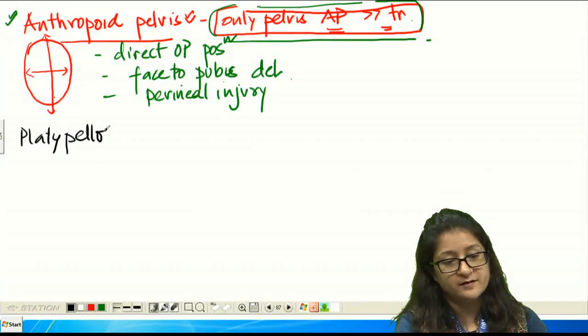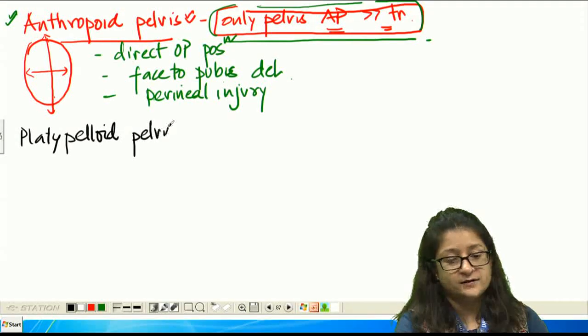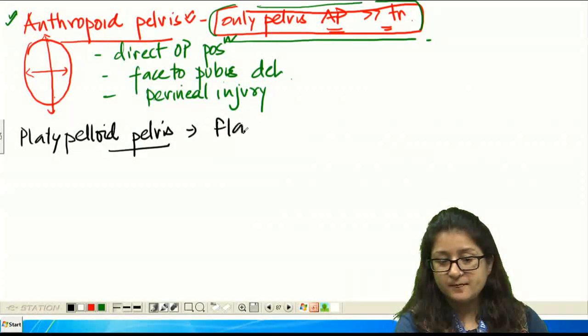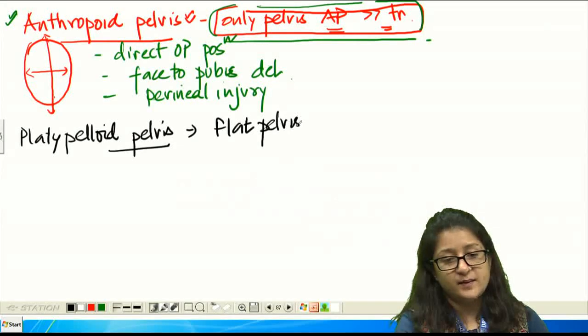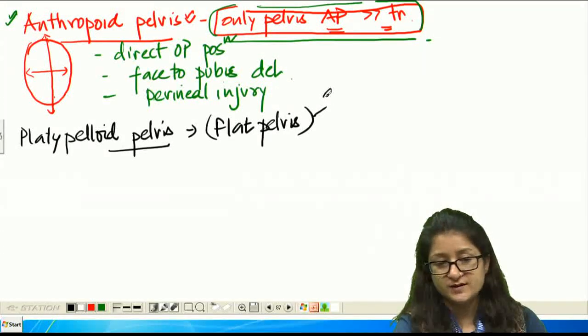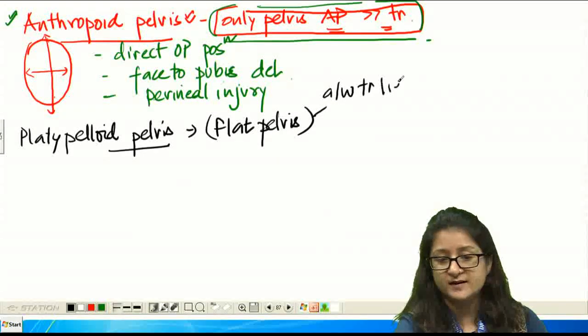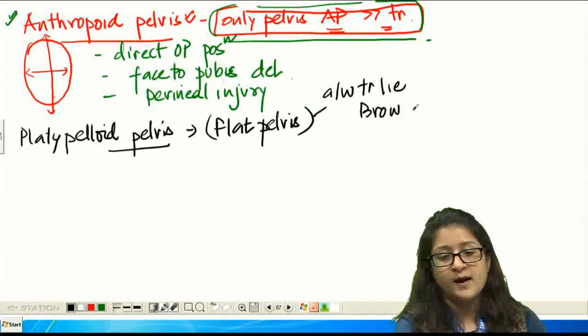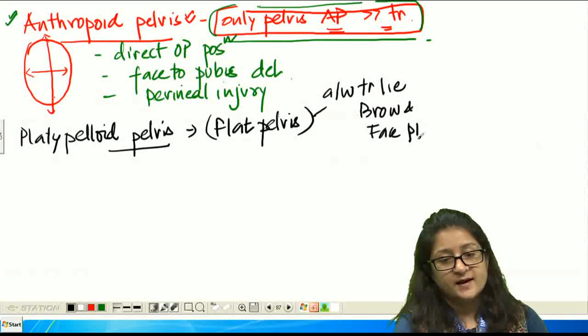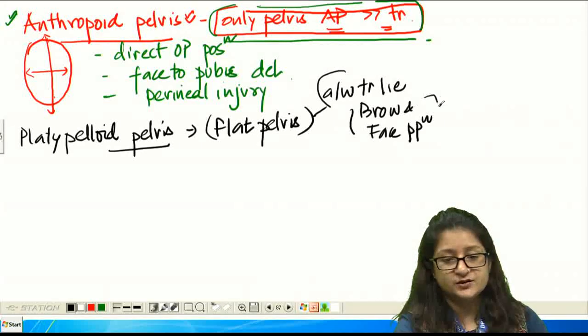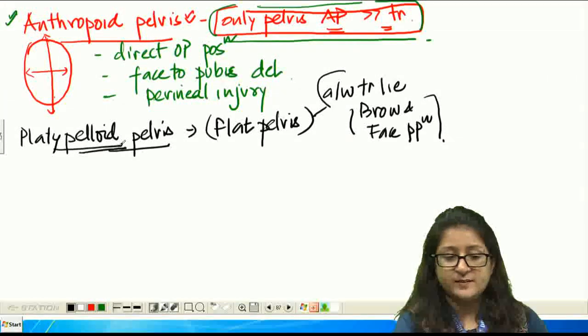This platypelloid pelvis is also called the flat pelvis, right? And this flat pelvis is basically the pelvis which is associated with your transverse lie, and with brow and face presentations. These abnormal presentations happen with platypelloid pelvis.